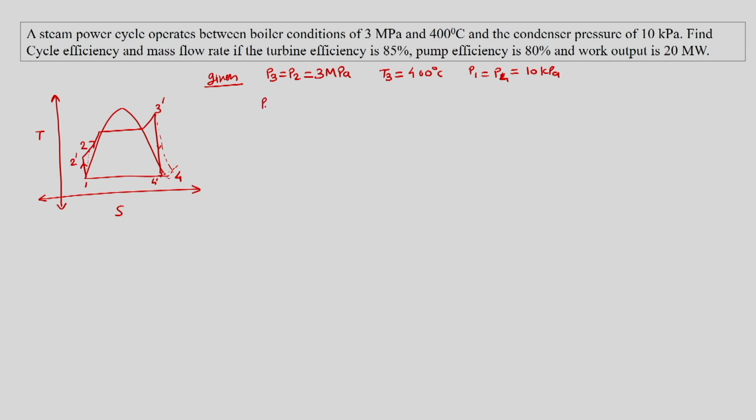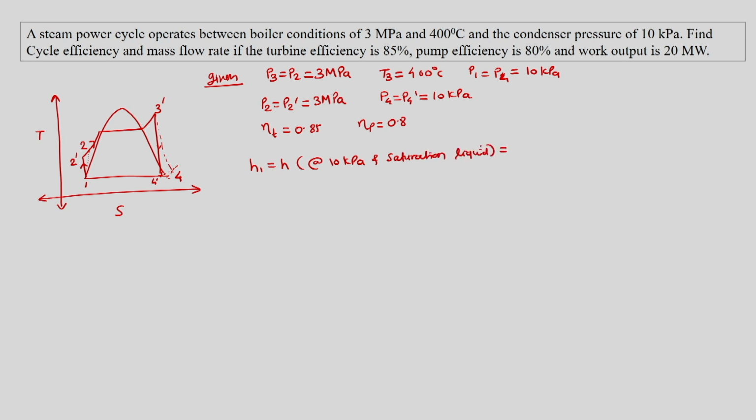So practically P2 is equal to P2 dash is equal to 3 megapascal and P4 is equal to P4 dash is equal to 10 kPa. Turbine efficiency is 0.85, pump efficiency is 0.8. Now we will proceed. We can find out H1, which is H corresponding to 10 kPa and saturated liquid.